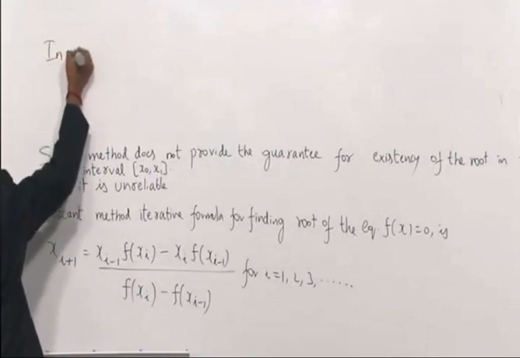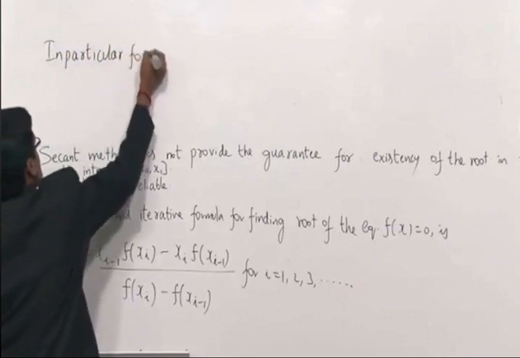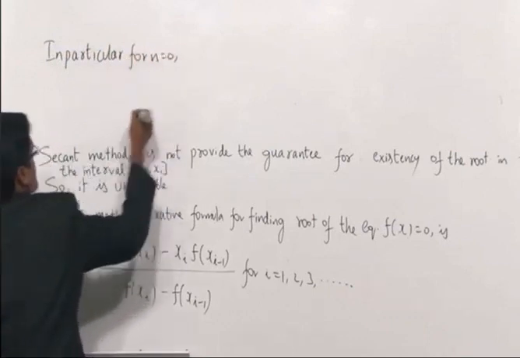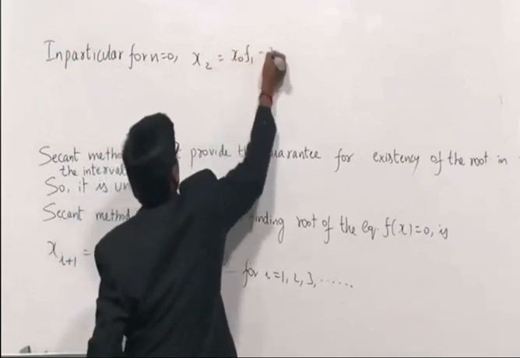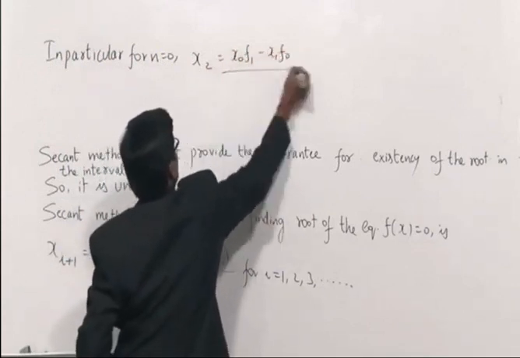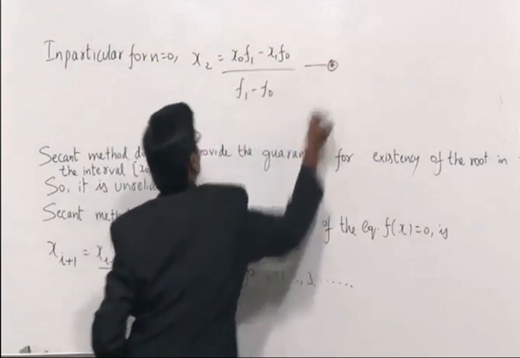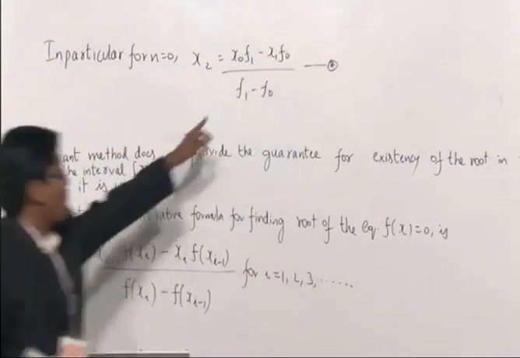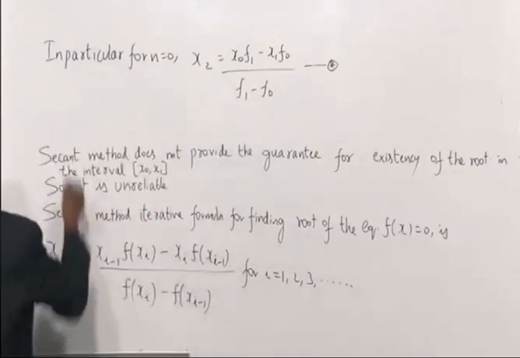In particular, for n = 0, x2 = (x0 f1 - x1 f0) / (f1 - f0). So whenever f1 is equal to f0, this method fails. That is the disadvantage in this method.